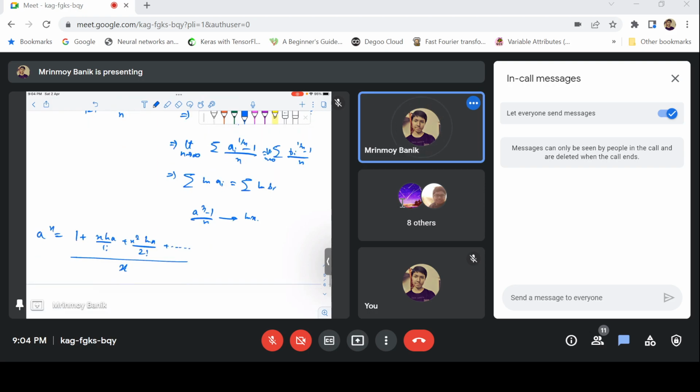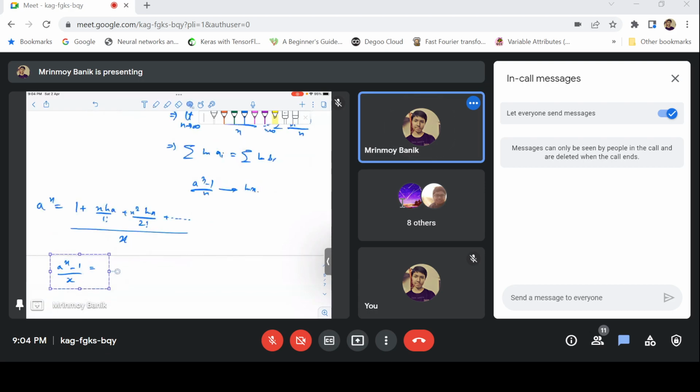So by x, and we send x to infinity. So a power x minus 1 by x gets ln a.